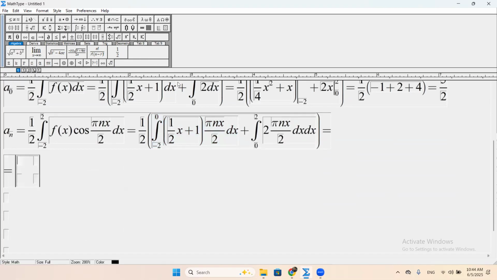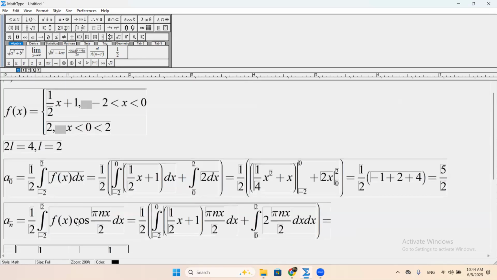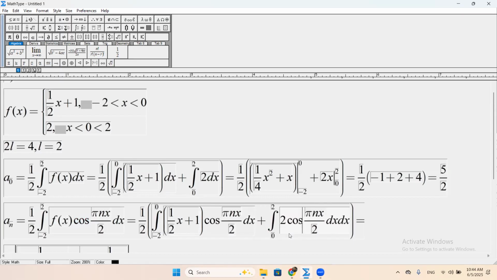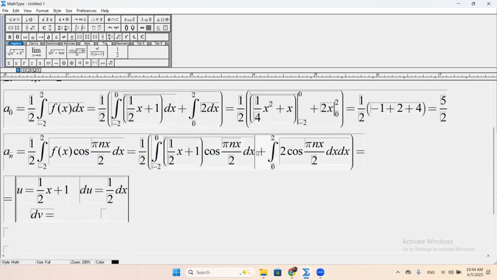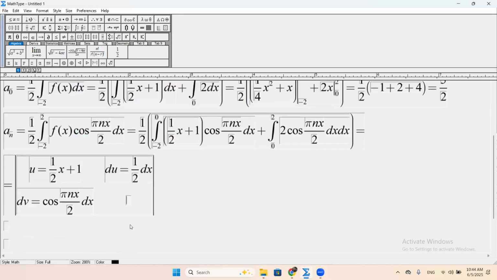So u equals this expression, du equals 1 over 2 dx, dv equals this cosine, and v will be equal to 2 over pi n sine of pi n x over 2.